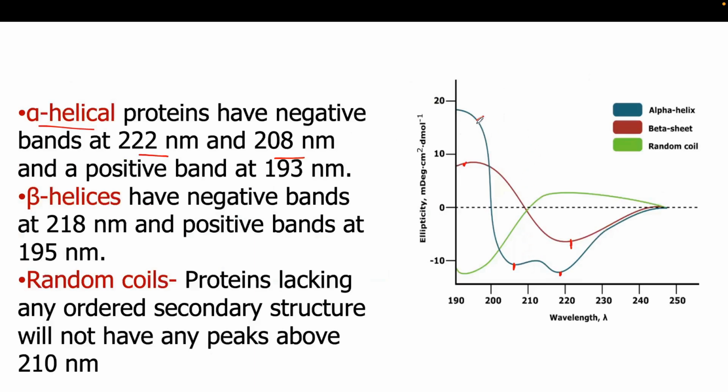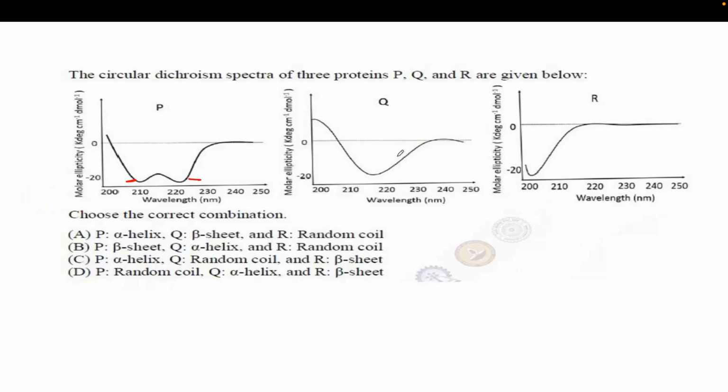So this is the alpha helix. Then for alpha helix, P has alpha helix, so option B and option D will be cancelled out. Only these two can be the correct answer, and out of these only one will be correct. So P will be alpha helix.